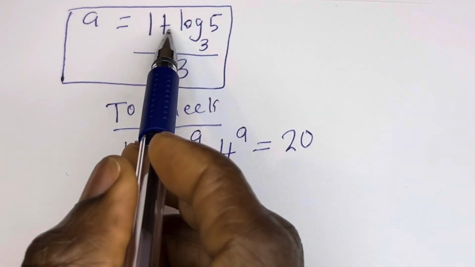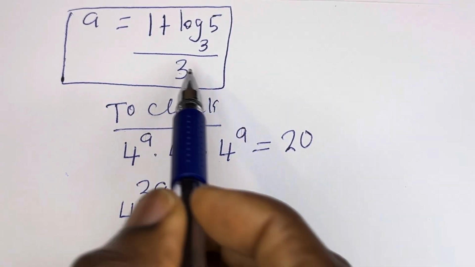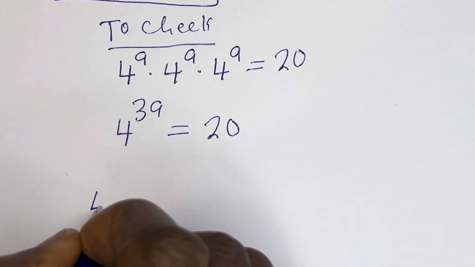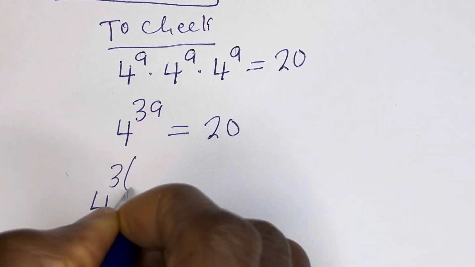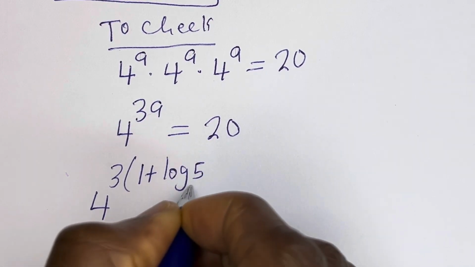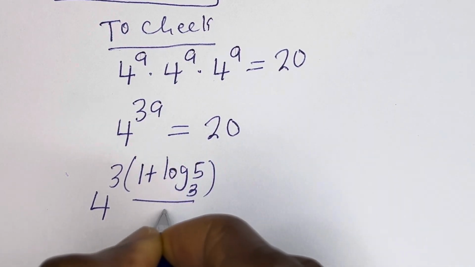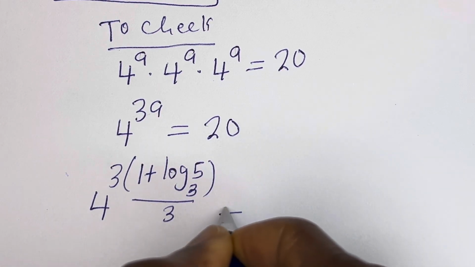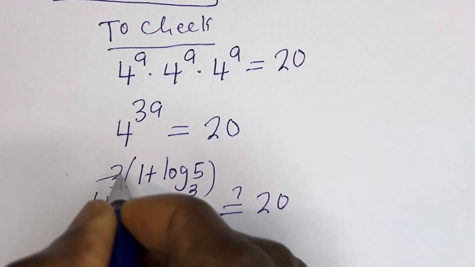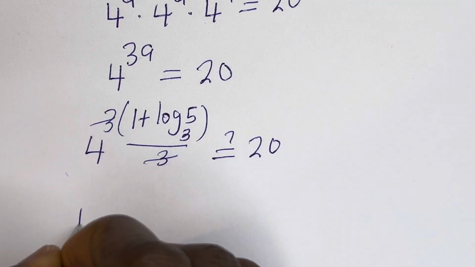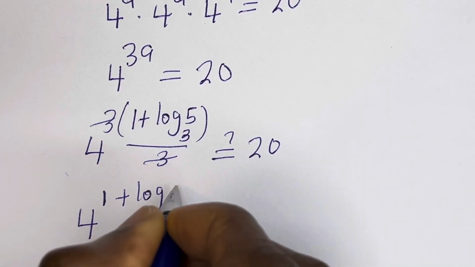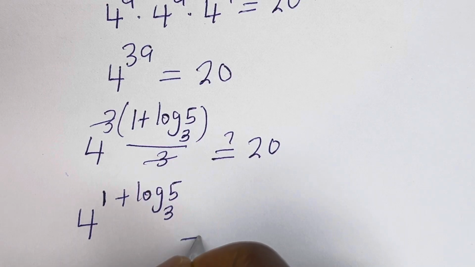When a is equal to 1 plus log 5 base 3 over 3, then this can be written as 4 to the power of 3 bracket 1 plus log 5 base 3 over 3 must be equal to 20. This will cancel this. Here we have 4 to the power of 1 plus log 5 base 3 must be equal to 20.